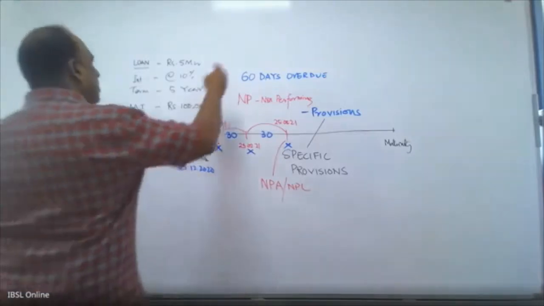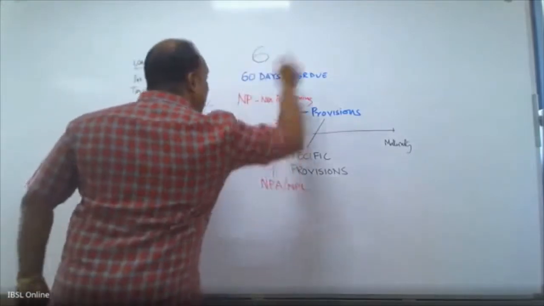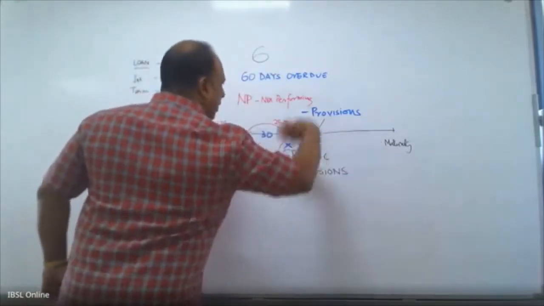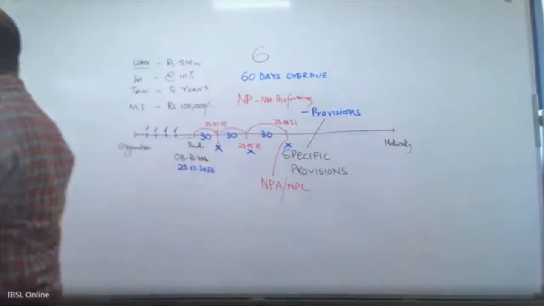Now we are talking about six, not three. Another three is going up. Another three is becoming due.